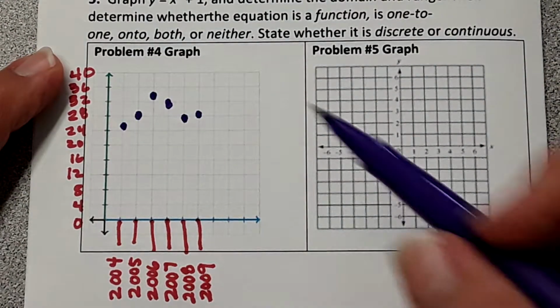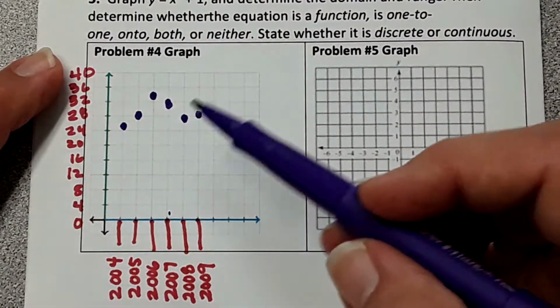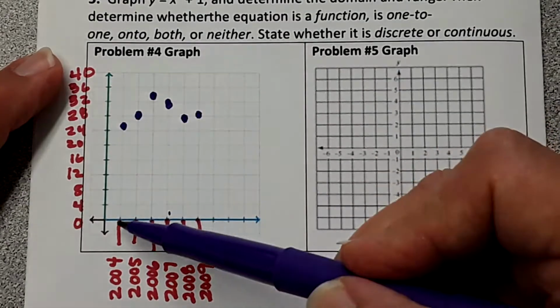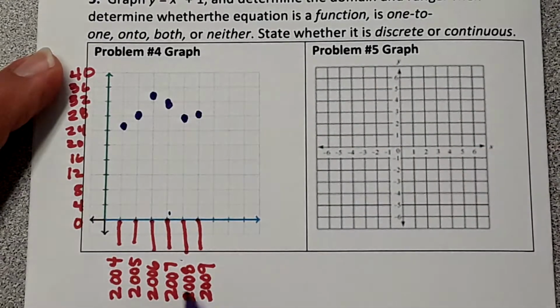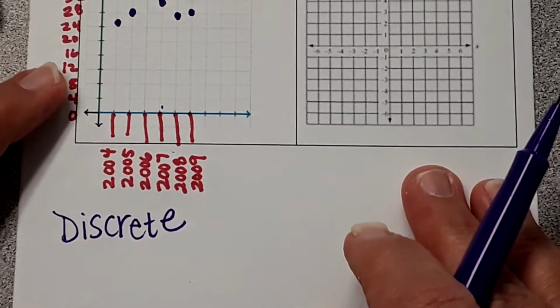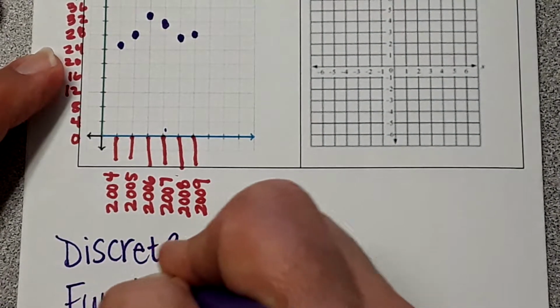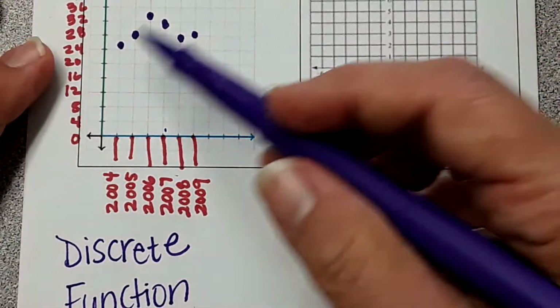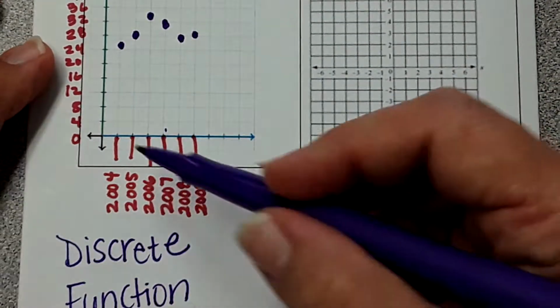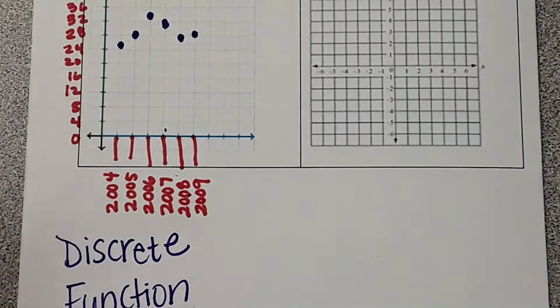The other thing is that none of the domains repeat, and that's these years. Since none of the domains repeat, this is a function. So this is a discrete function. Again, it's discrete because the points are not connected, and it's a function because the domain does not repeat.